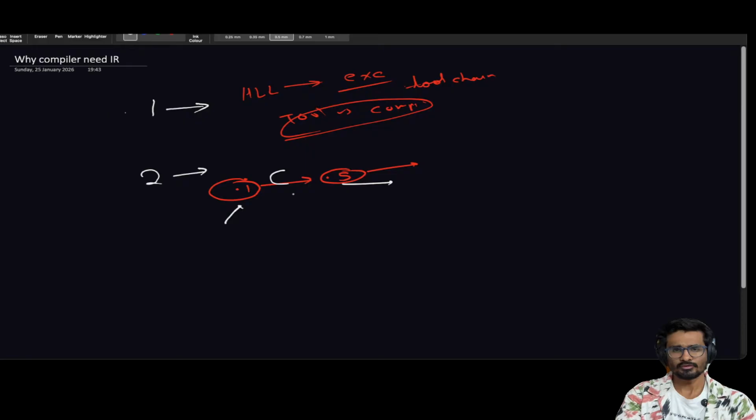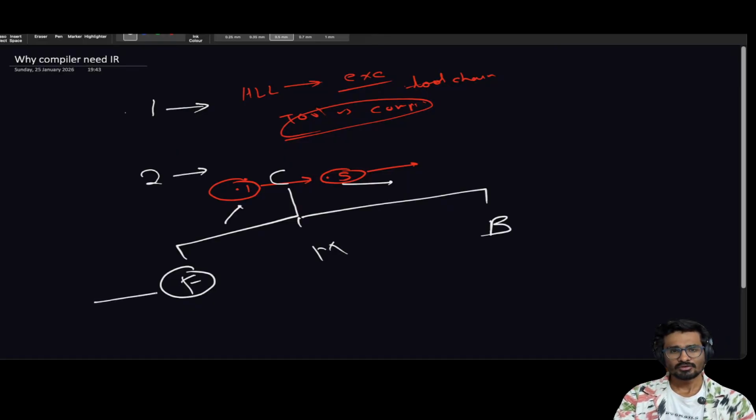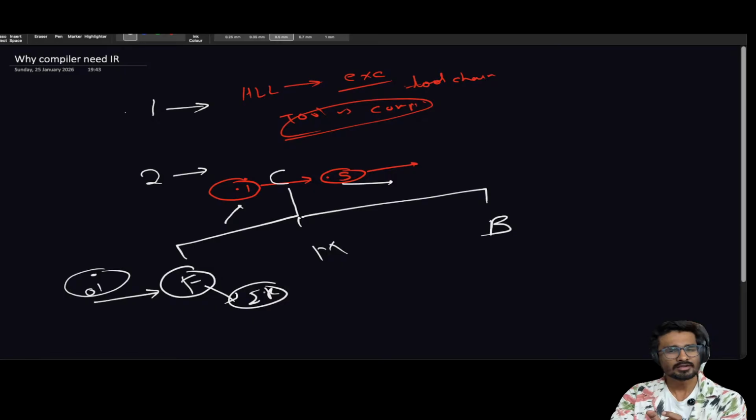Also in that video, we opened the compiler as a black box into three parts. Part one is the front end, part two is the middle end, and part three is the back end. The front end takes this .i file in the first phase of the compiler and generates an intermediate representation, which is neither a high level language nor an assembly.